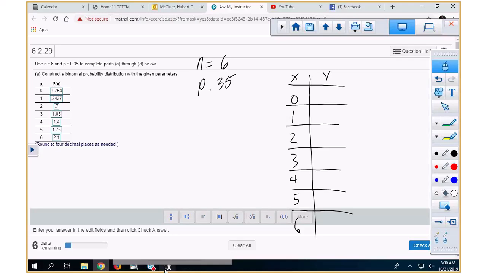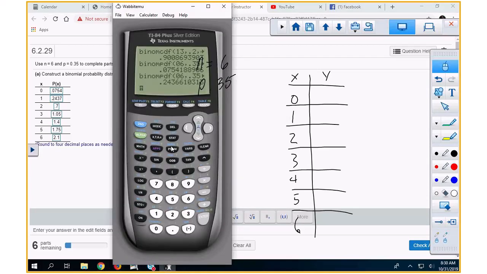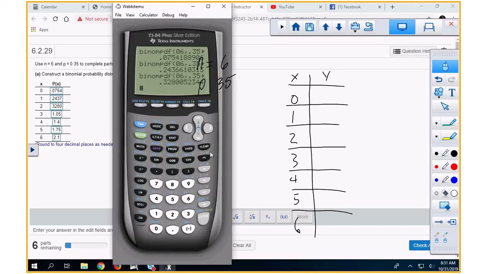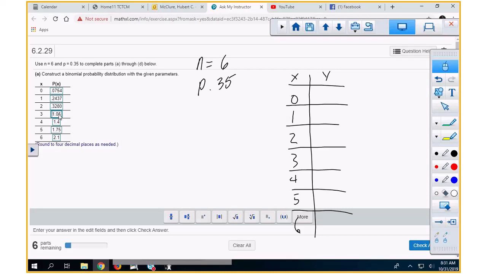Next, y'all catching on? Yes. So now you hit second function and 2. 0.3280. Next, 3. 0.2355.